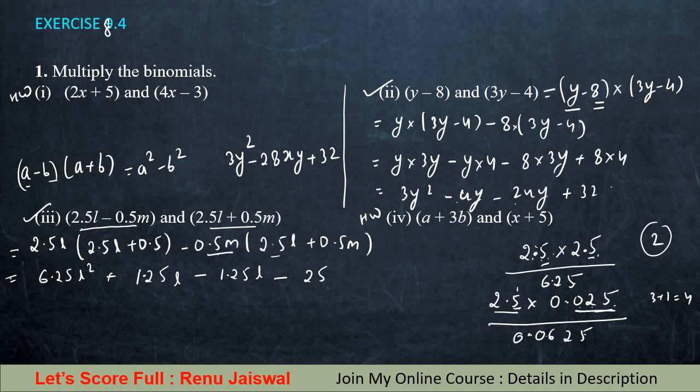After the decimal 1 and then again 1, so 0.25, because after the decimal I need 2 digits, and then m square. This is plus 1.25L and minus 1.25L, cancel. The final answer will be 6.25L square minus 0.25m square. Correct?